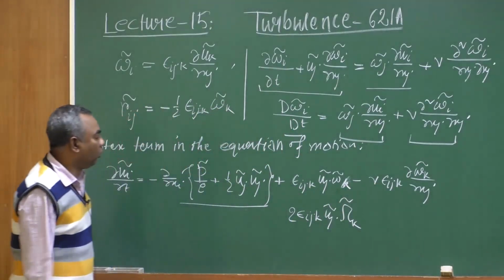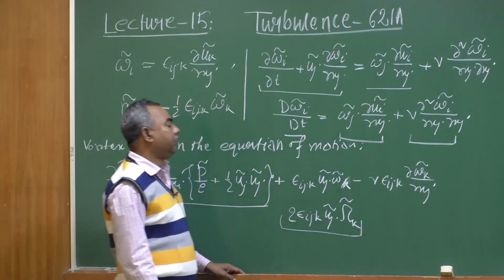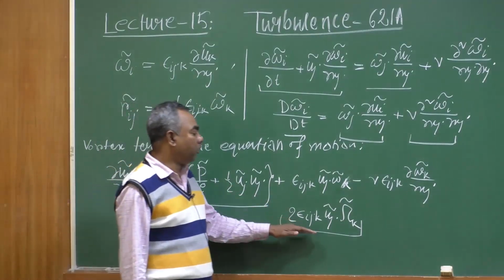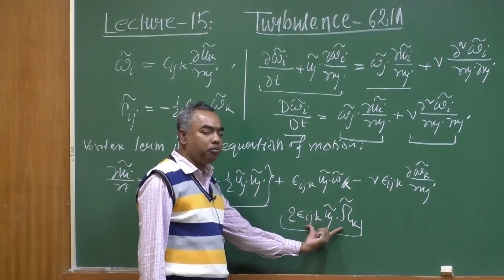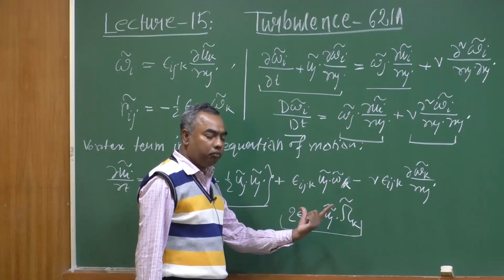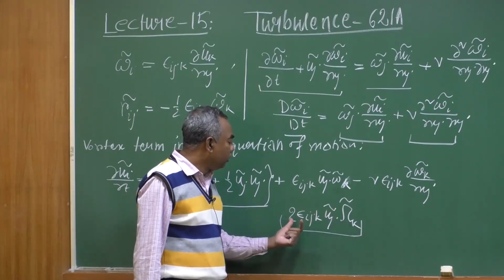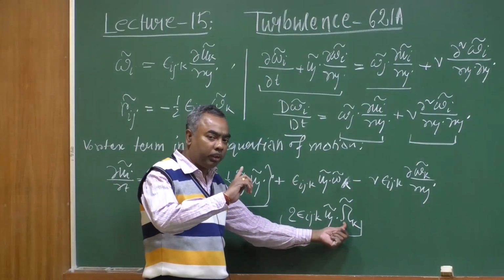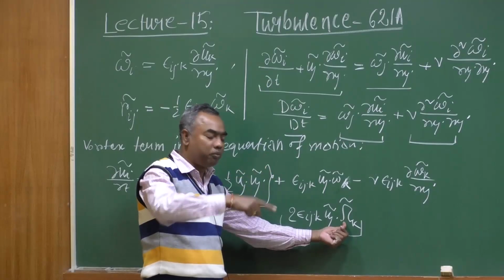So, if you had written this momentum equation for the rotating frame of reference, then this term would have come extra in the momentum equation, and this is due to that Coriolis force, and here 2 into omega is the angular speed of the rotating frame of reference.